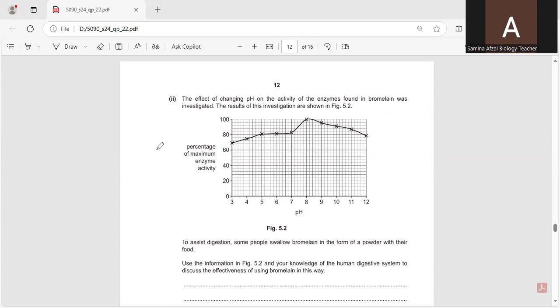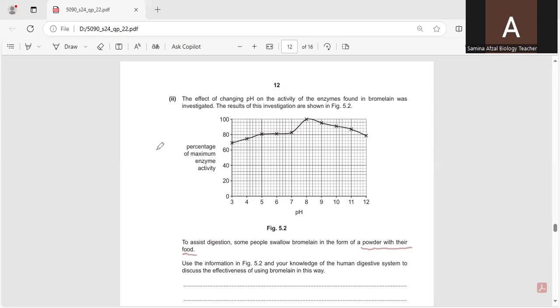The enzyme activity is, first of all, increasing at 3, 4, 5, and then remains the same between 5 to 7 pH, but it gradually increases at 8, which is optimum at 8, and then it is decreasing from 9 onwards. To assist digestion, some people swallow bromelain in the form of a powder with their food. So bromelain in powder.